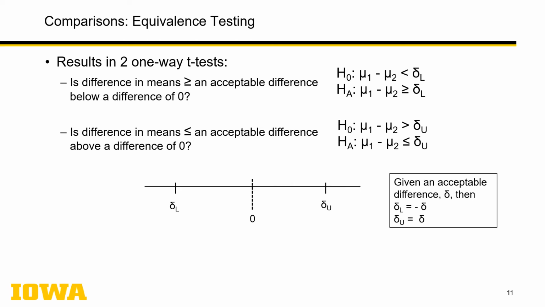Okay, so this is what you're setting up graphically. We know that the mean is going to be somewhere floating around 0, but we want the confidence interval to be within this delta L and delta U. So again, it's very similar to the Bland-Altman plot in its theory.